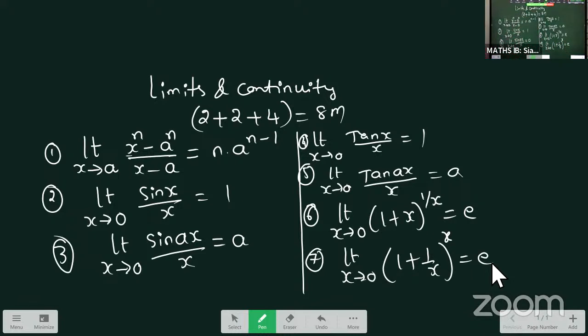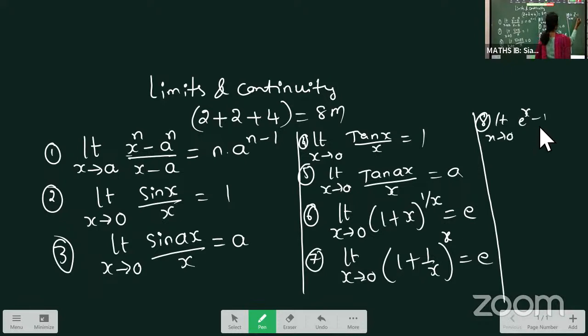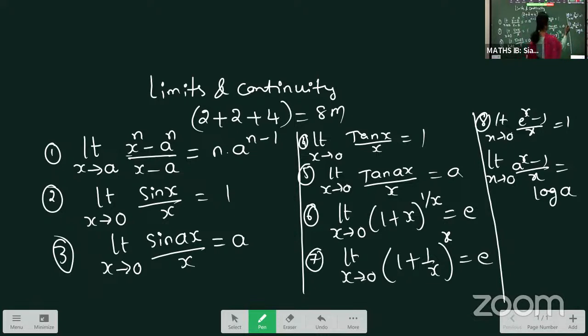Observe the formulas, how we are differentiating them. Next, limit x tends to 0, e power x minus 1 by x is equals to 1. Limit x tends to 0, a power x minus 1 by x is equals to log a. So these are the main 9 formulas we will be using here. Just practice them as it is.